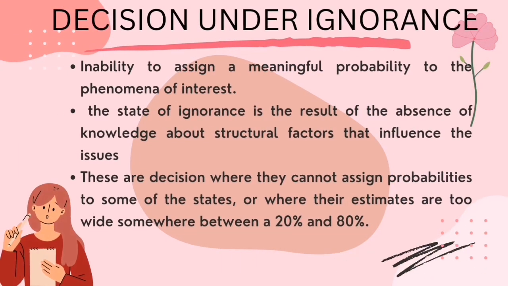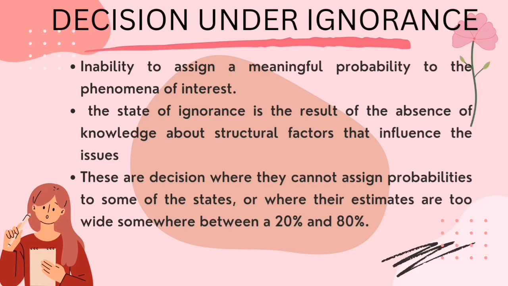What is decision under ignorance? Ignorance is an extreme form of uncertainty. In the most narrow and technical sense, it means inability to assign a meaningful probability to the phenomena of interest. In a more general sense, the state of ignorance is the result of the absence of knowledge about structural factors that influence the issues, the lack of reliable information, or inability to completely determine the space of alternatives and consequences.